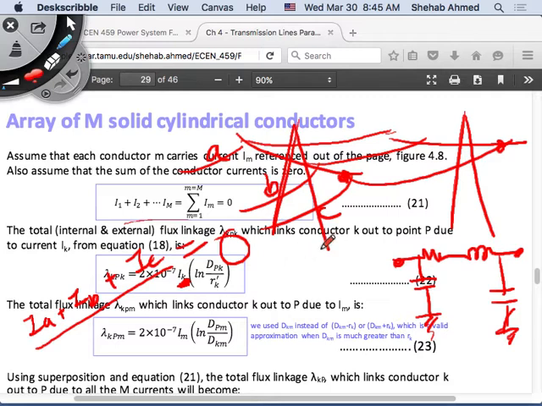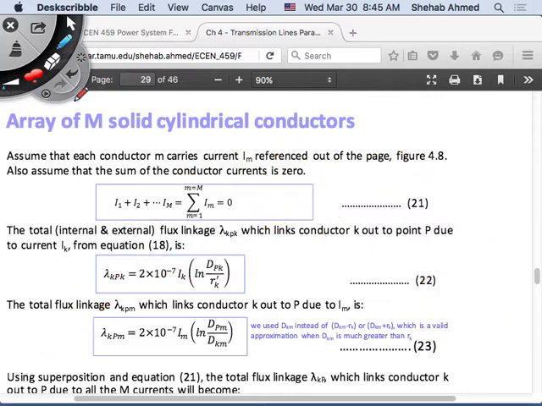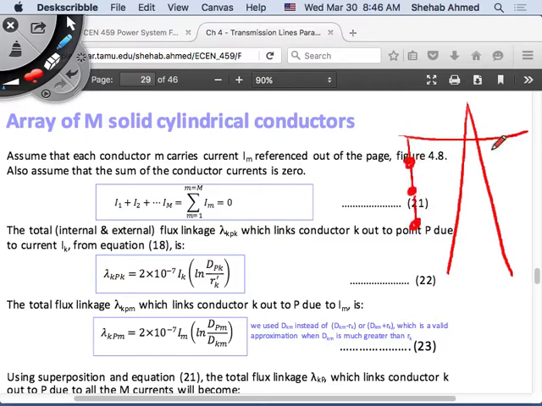A tower will typically carry a three-phase circuit, called a single circuit, or sometimes a tower will carry a double circuit. One tower carries two three-phase systems: phase A, phase B, phase C, and another phase A, phase B, and phase C. These are two completely different circuits.